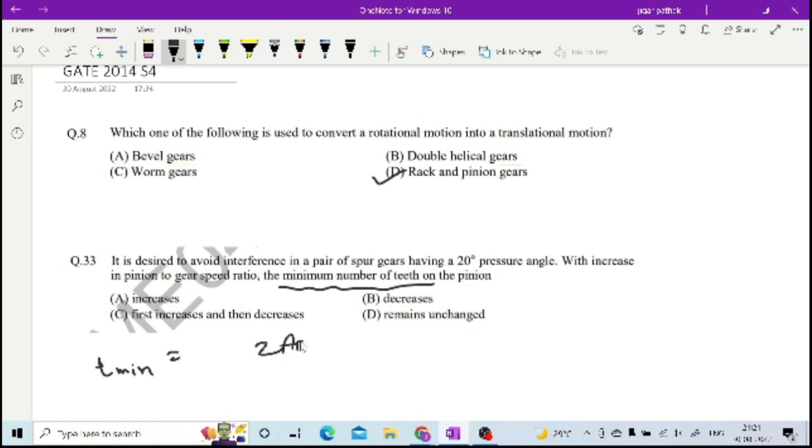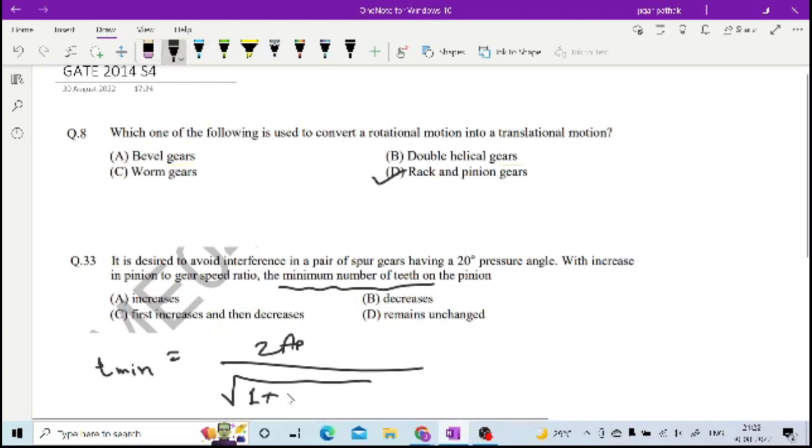T minimum is equal to 2 into addendum of pinion divided by 1 plus G, sorry, 1 plus G plus 2, right, sine square phi, right? So when you consider this, you have minus 1 actually, right?